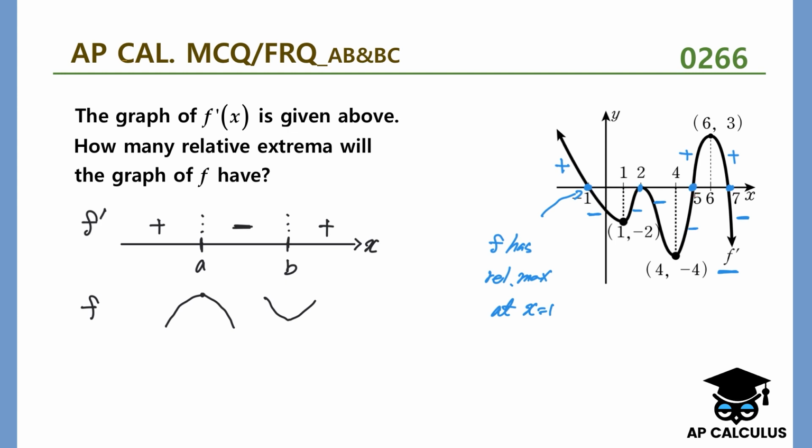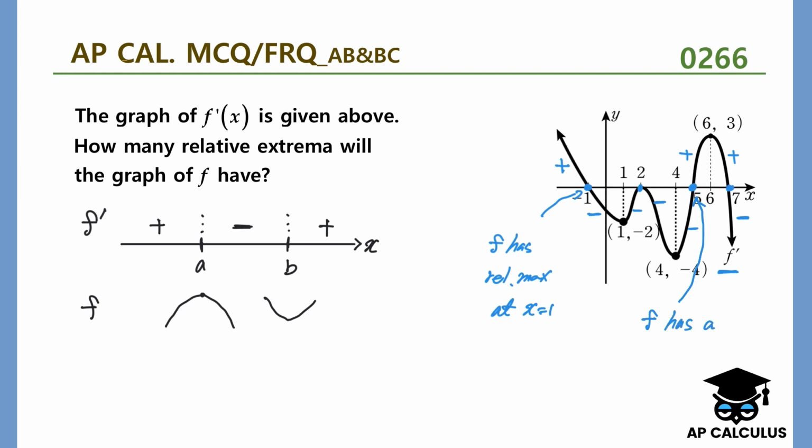Negative, 0, positive, the sign changes from negative to positive. So at this point, at x equal 5, we have a relative minimum. If f prime changes negative to positive, f is decreasing, then increasing, which means we have a relative minimum at this point. So at 5, we have a minimum of f.